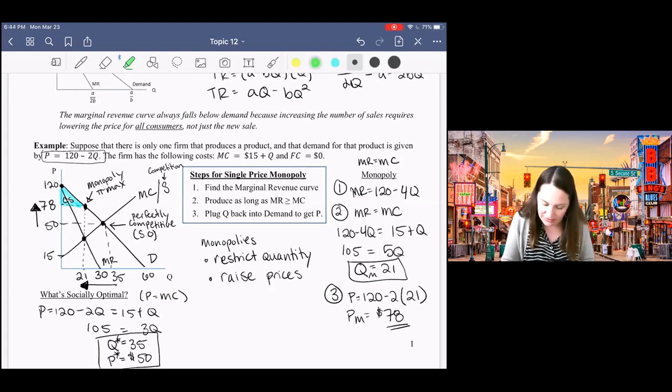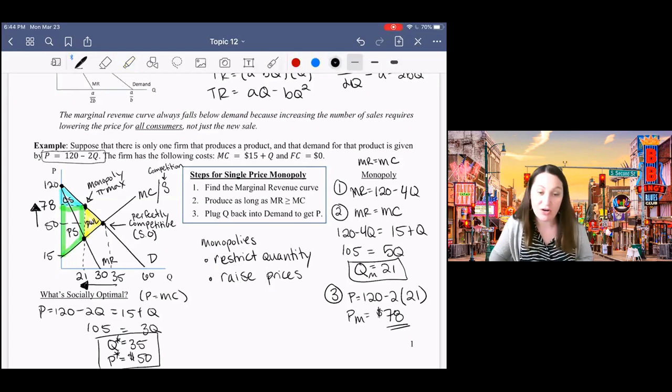Producer surplus is going to be the area below the price and above the supply curve. And then compared to our perfectly competitive equilibrium, we have deadweight loss. This is our deadweight loss triangle, that yellow triangle there.